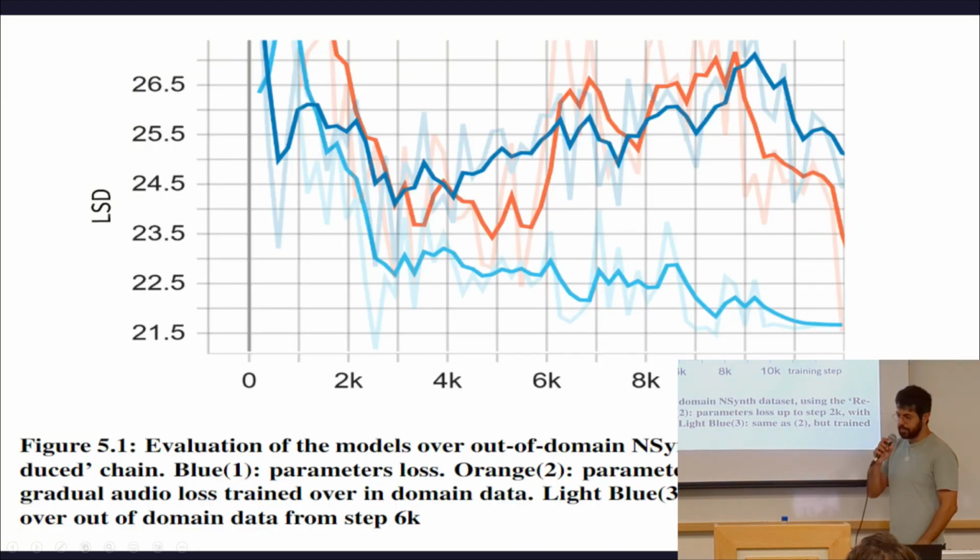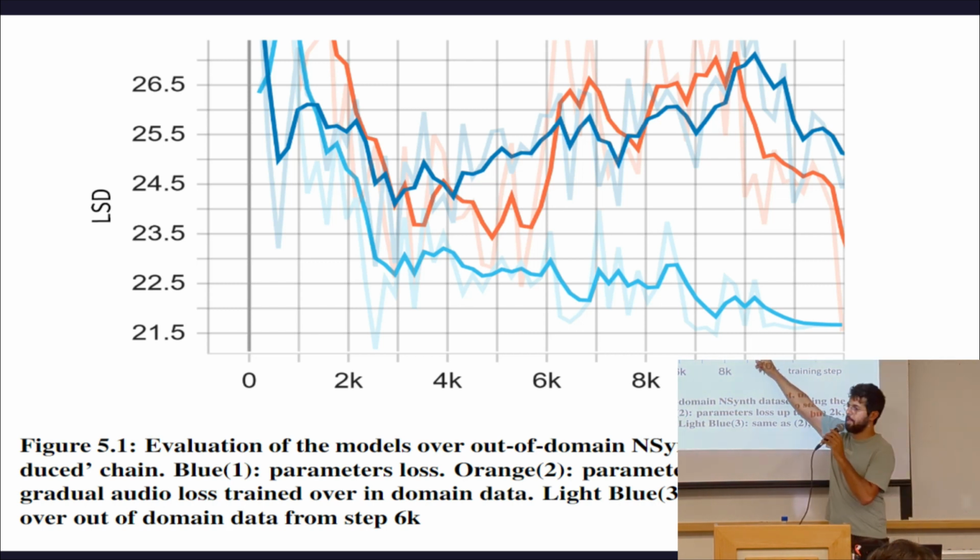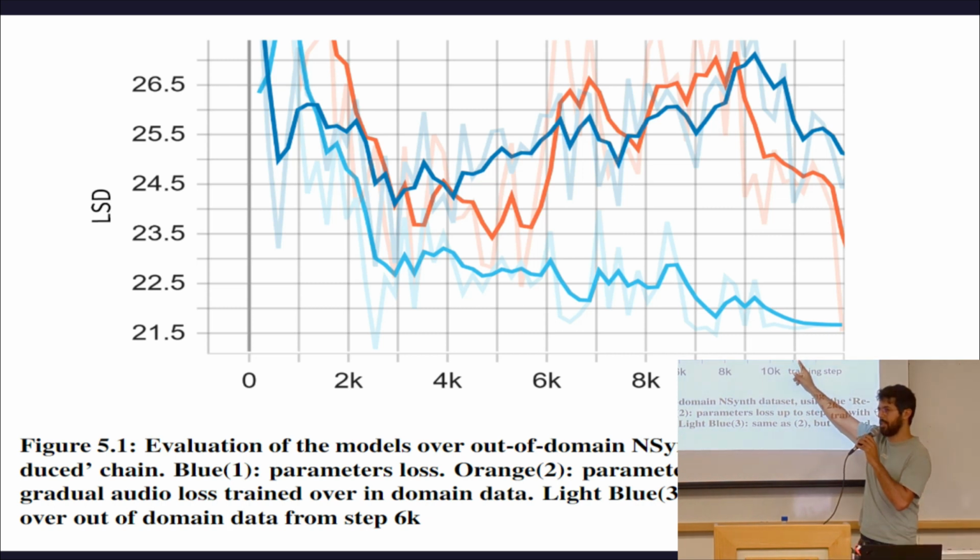And what we see is that the blue line is the baseline, the orange line is the B method along the in-domain data, and the light blue one is the out-of-domain data. And we can see that the LSD for the out-of-domain data keeps low because we used the audio loss. So this implies that it's important to use some kind of audio loss, and it also lets us use out-of-domain data for the sound matching task.